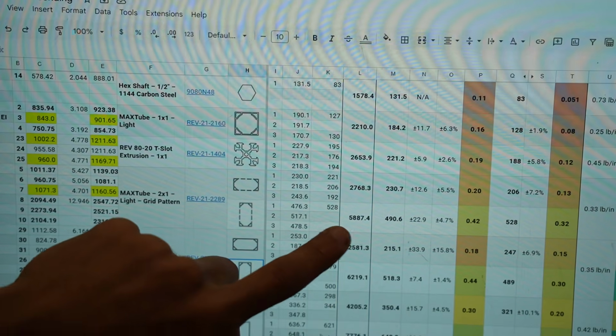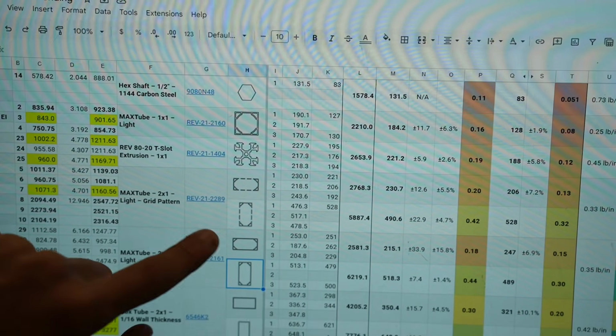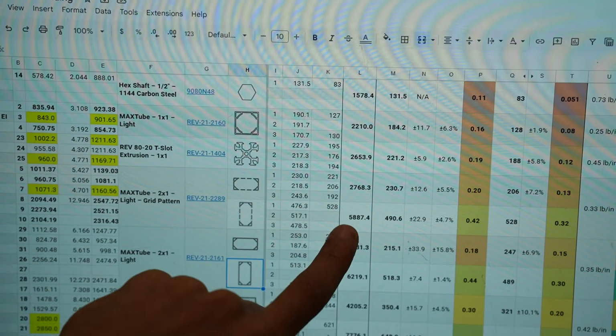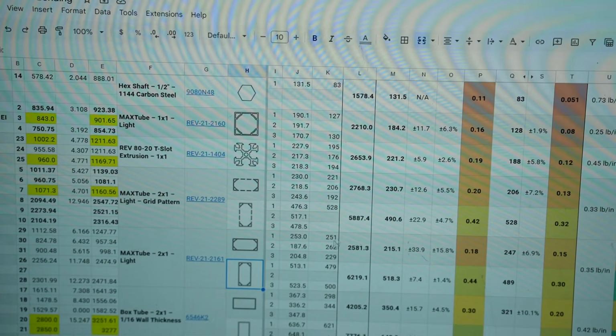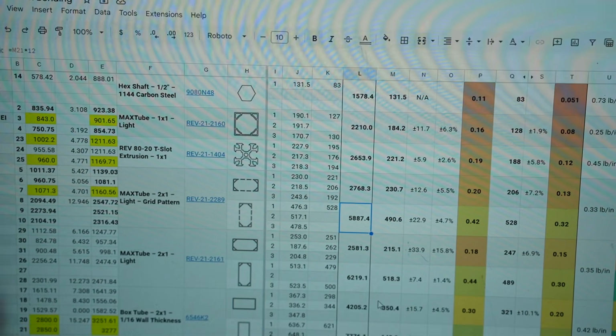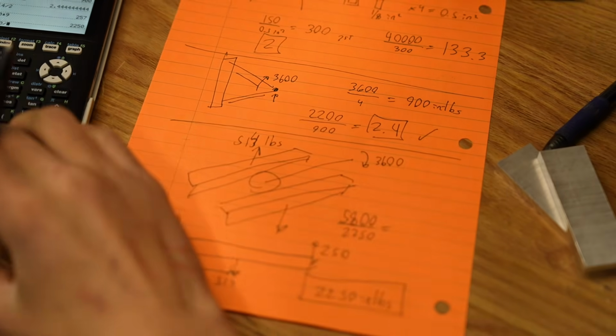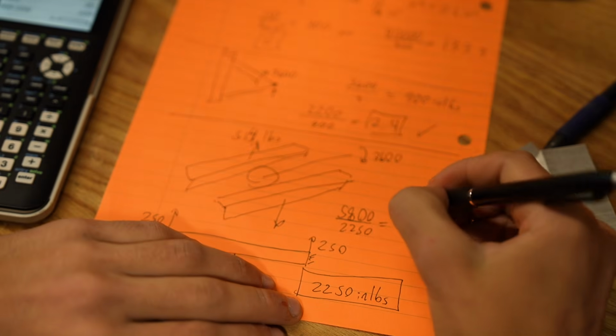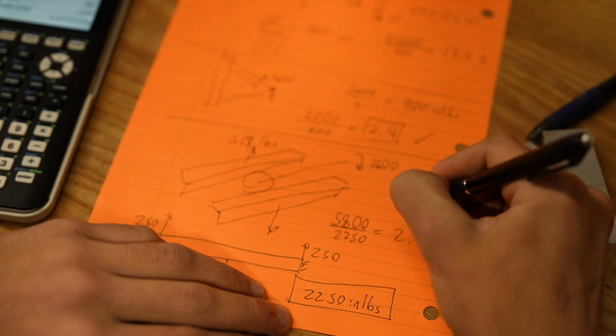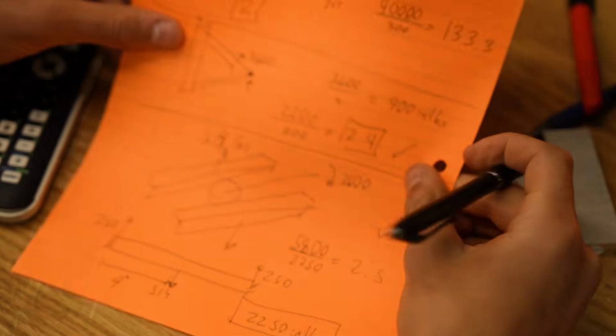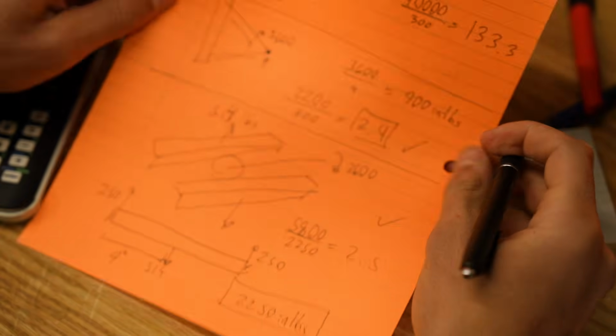And then as we get to the vertical light 1x1, we find that it fails at 5,800 inch-pounds, which if we calculate a factor of safety on, we find a factor of safety of 2.5, meaning that these transverse elements are now validated.